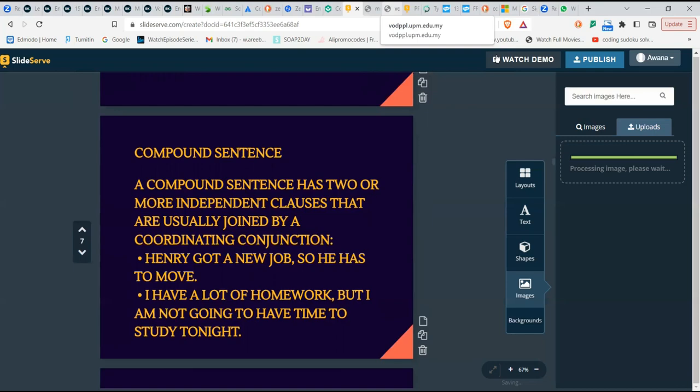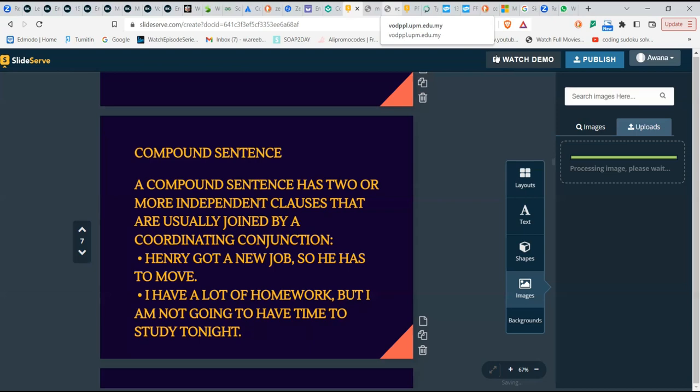Now over here we are talking about coordinating conjunctions. Coordinating conjunctions are the conjunctions that connect two independent clauses. They are, for example, and, but, and all of that.